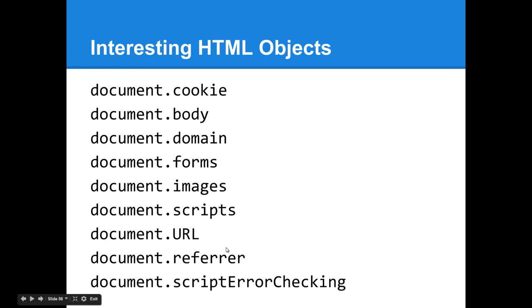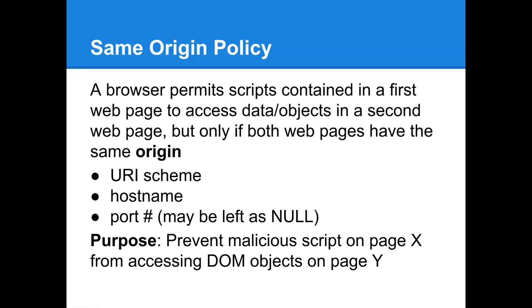The URL, similar to the domain, will tell you what the URL was requested, and referrer if it exists or is populated. And script error checking will tell you if the debug options are turned on for running a script, which will tell you whether or not a script succeeded or failed in either running or loading, and so on.